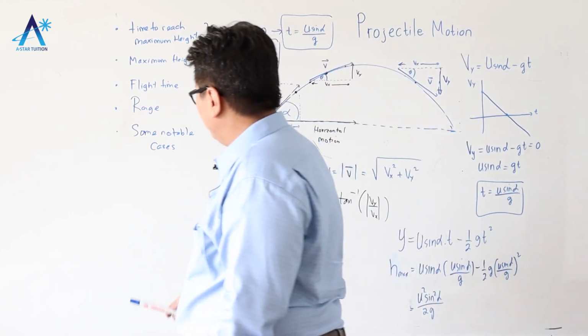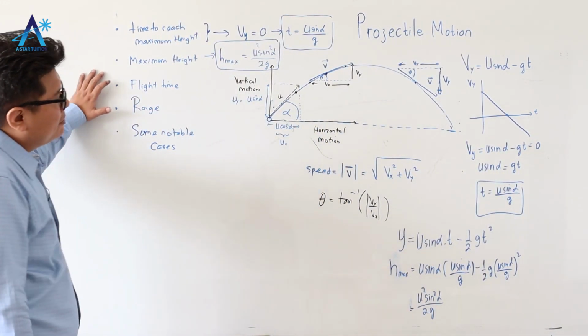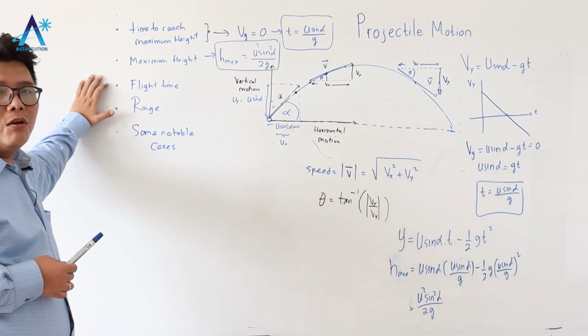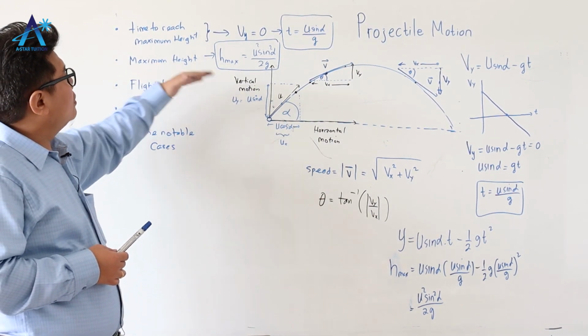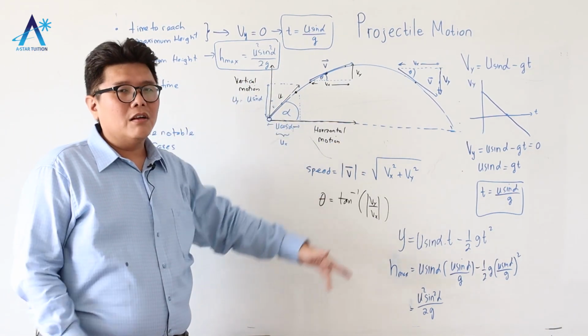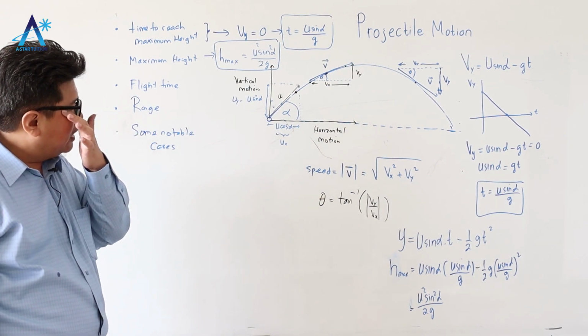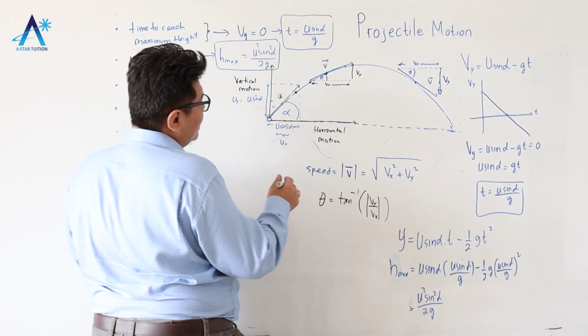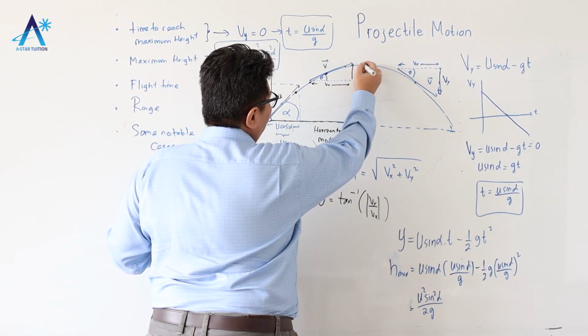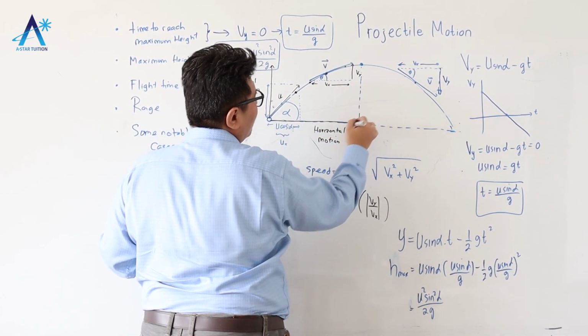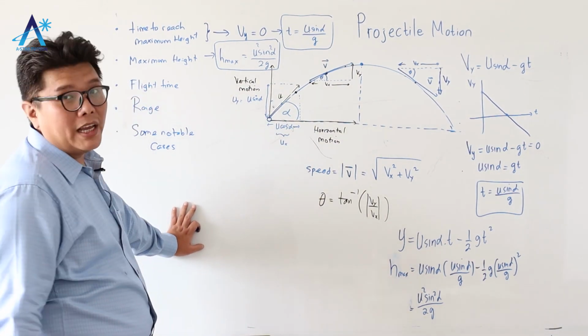Now let's talk about the third one, which is the flight time. The flight time is, as I mentioned, the time when the particle is airborne, meaning that it's in the air. Due to the symmetric nature of this motion, the time to reach maximum height is simply the time from here to here. So this is, you can see, halfway horizontally through the air.